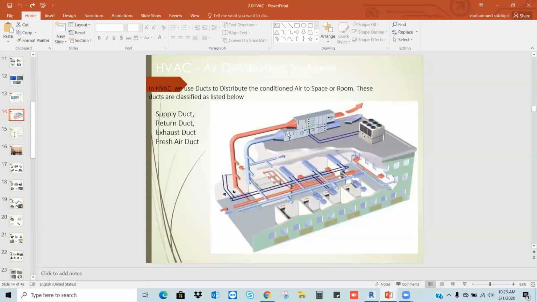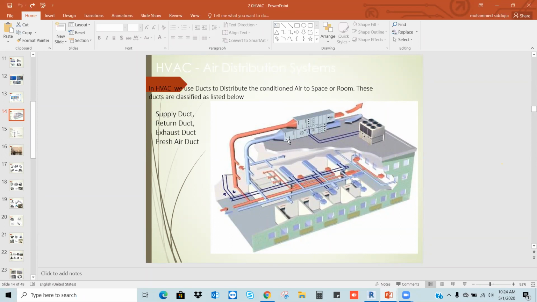According to the system, we have four kinds of duct systems: supply, return, exhaust, and fresh air. You should remember just these four topics. Forget about everything else: supply system, return system, exhaust and fresh air in the HVAC ducting system.